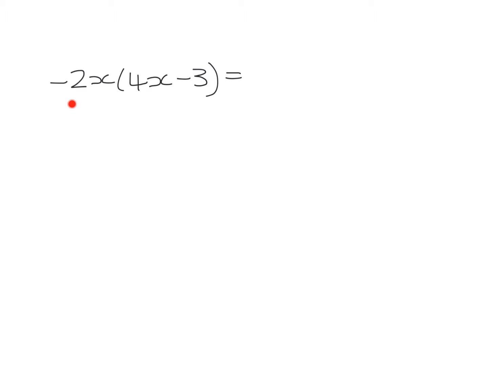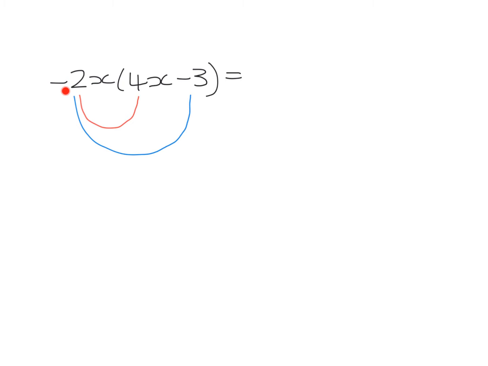Okay, here's another one for you. This time we've got a negative 2x. See if you can work this one out. Put the video on pause and come back when you're ready. So negative 2x multiplied by 4x, and then negative 2x multiplied by negative 3.